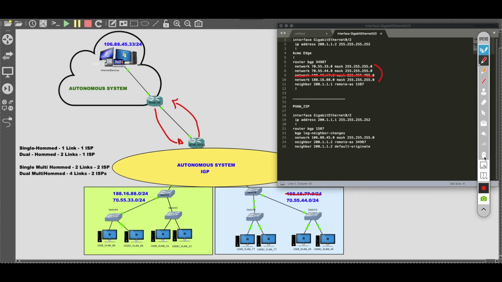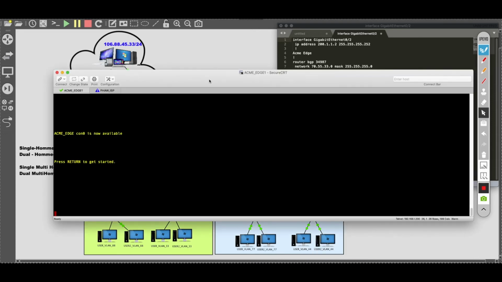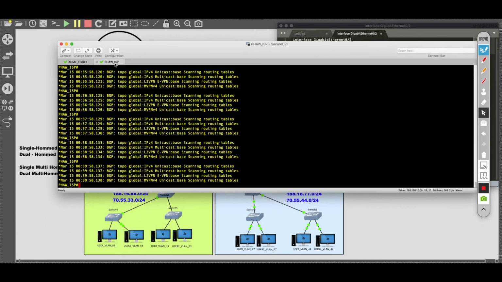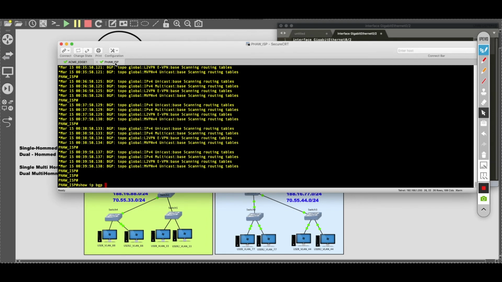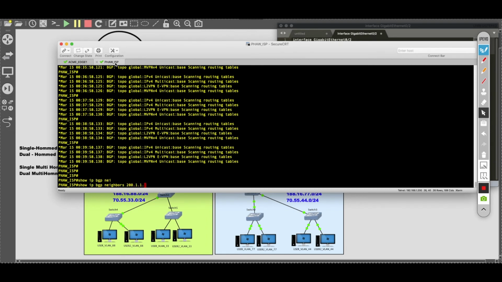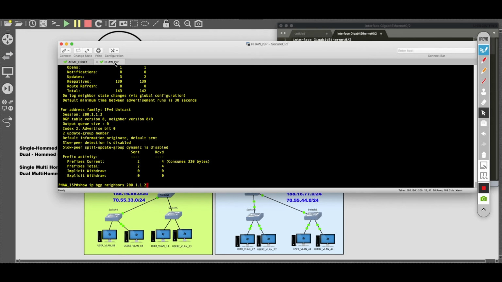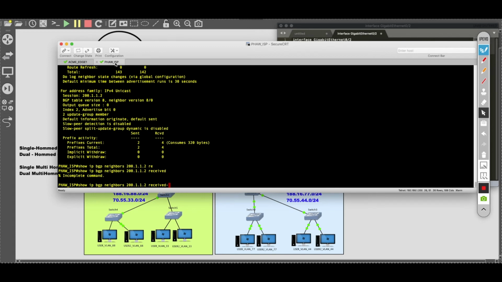All right. So number four, when we announce from Acme Edge 1 these networks, they're going to be tagged with the source or the next hop IP of the neighbor. So under this particular scenario, it just happens to be that we're using the /30 for this neighborship. So if I go under SHA, the SHA IP, BGP neighbor 200.1.1.2, received routes.